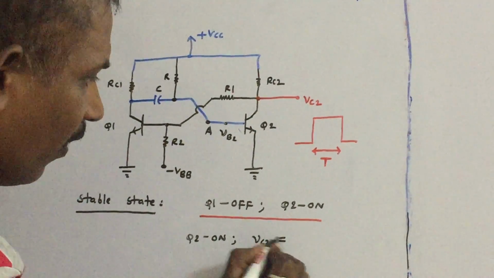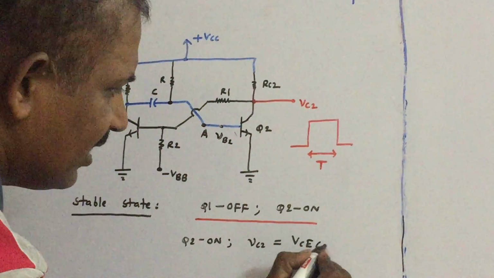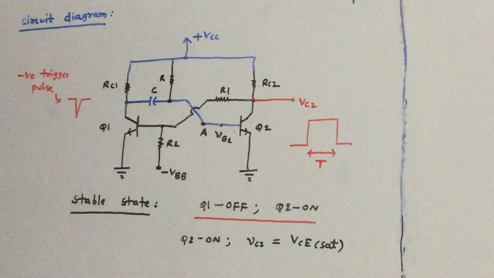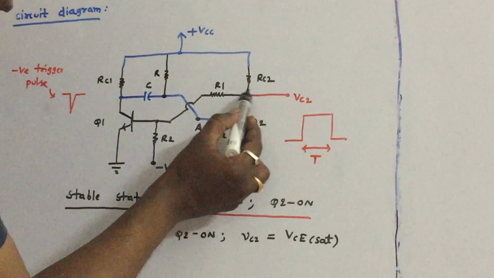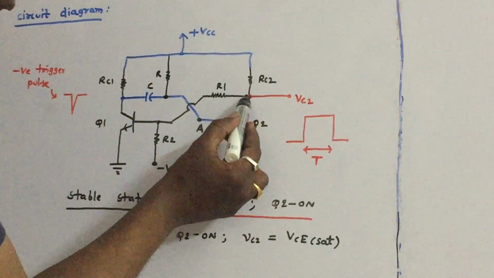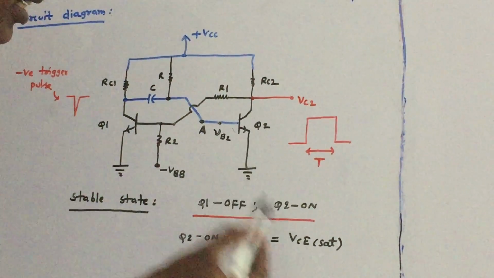Vc2, simply from the transistor knowledge, is VCE saturation. The transistor acts as a short circuit, so therefore Vc2 is equal to VCE saturation.